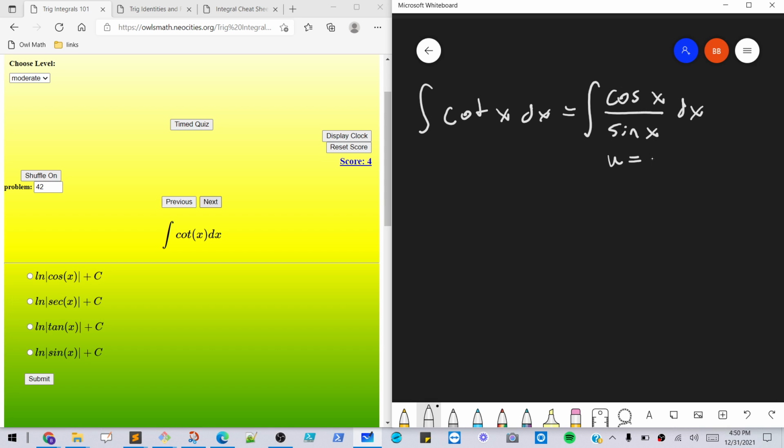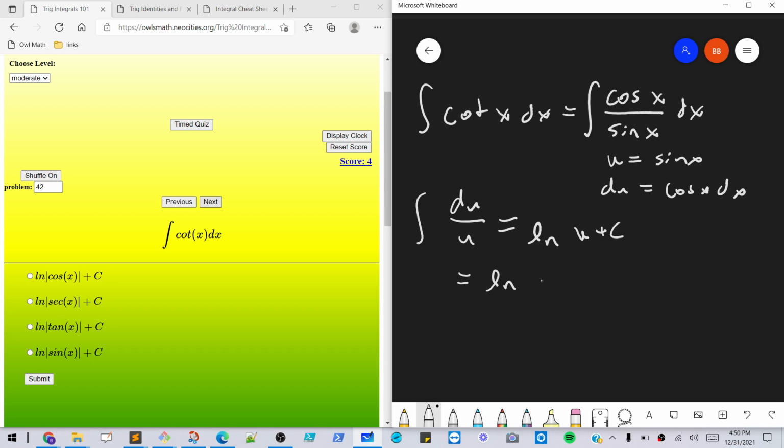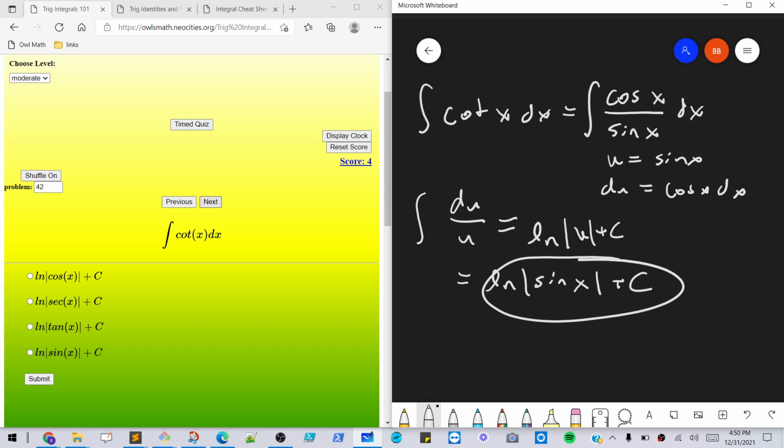We'll just substitute u equals sine x, du is cosine x dx. So we end up with, this is the formulaic, right? If you can get that, you're set. It's going to be ln of u plus c, which is the same thing as ln of sine of x plus c. We're done. Pick that answer.